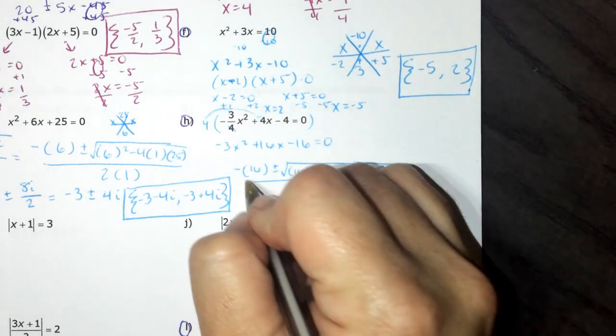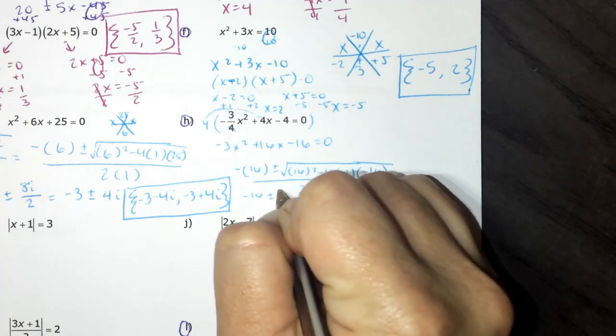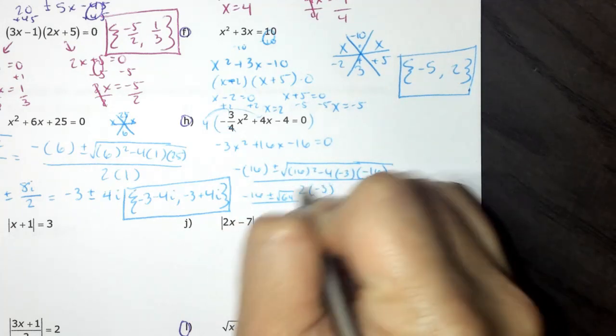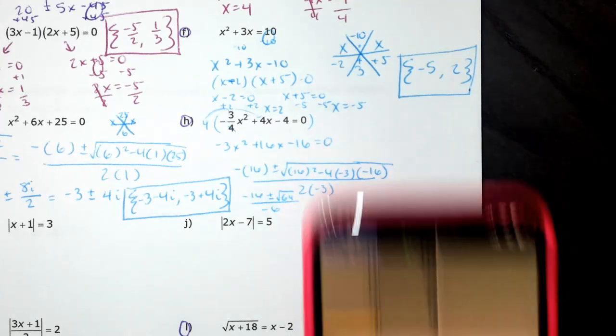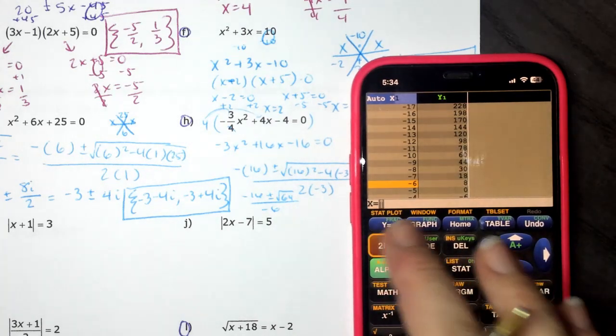So knowing that, I get negative 16 plus or minus the square root of 64 over negative 6. Well, I know the square root of 64 is a perfect square, so I can type this in my home screen.